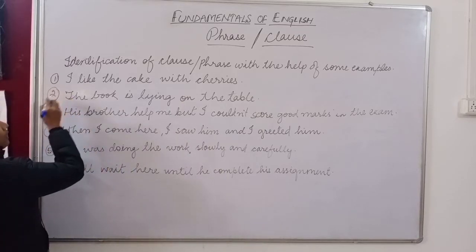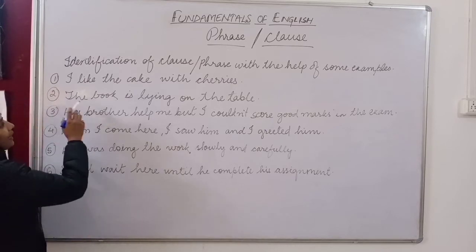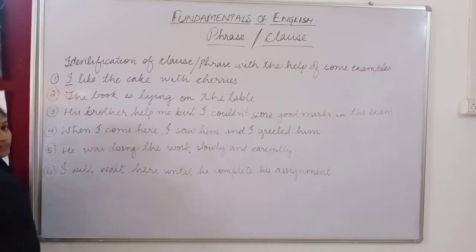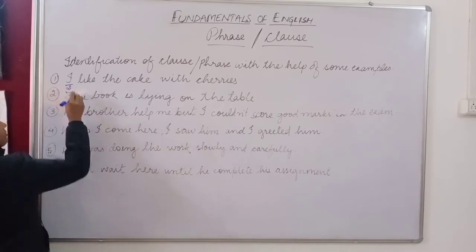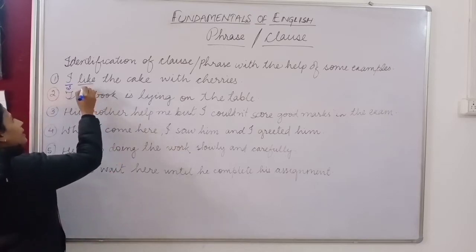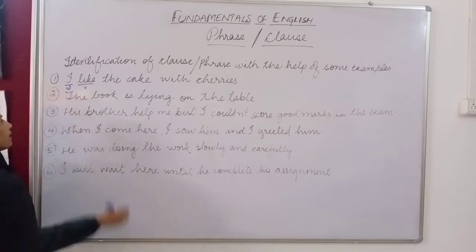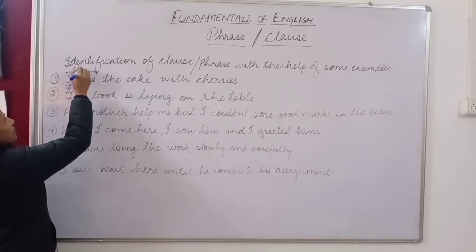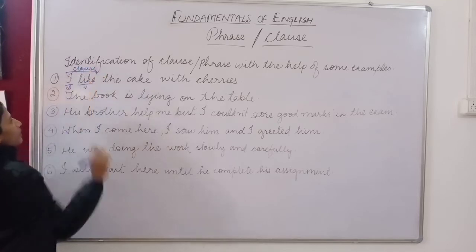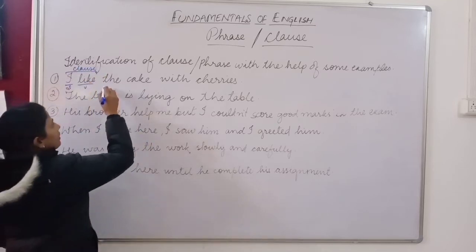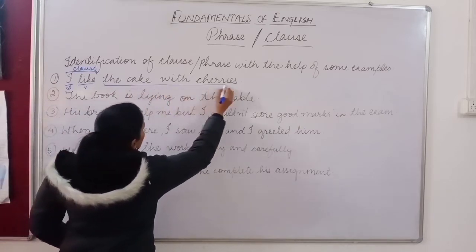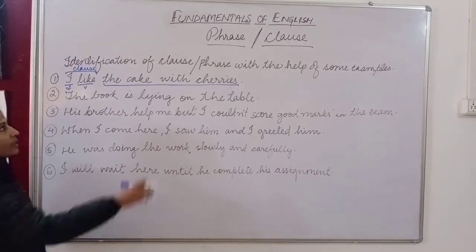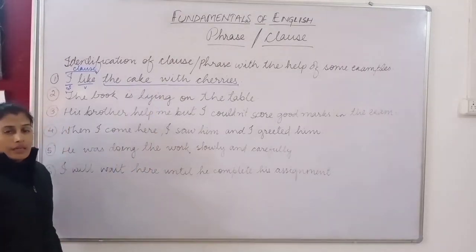So here in my first sentence: I like the cake with cherries. I is the subject here and like is the verb. So I like is your clause. And the cake with cherries, it can't convey a message.